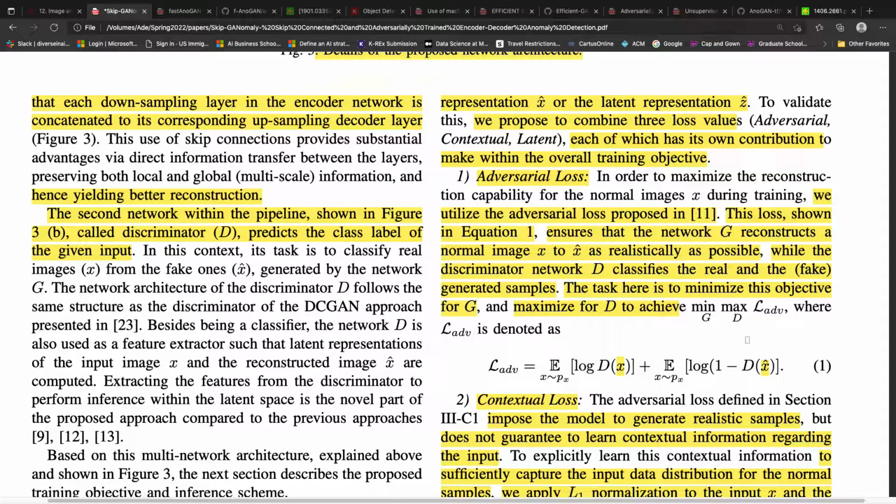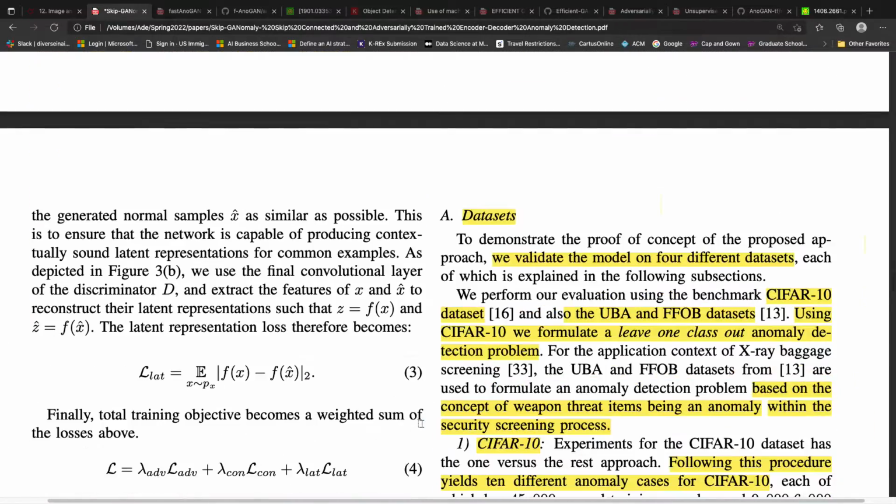At a high level, this is a cross entropy loss function. This is a binary cross entropy. So we're taking the log of that, and here we have the log of 1 minus that, and x is sampled from the probability distribution of the normal samples. That's essentially what is happening there, and this is what formulates the adversarial loss.